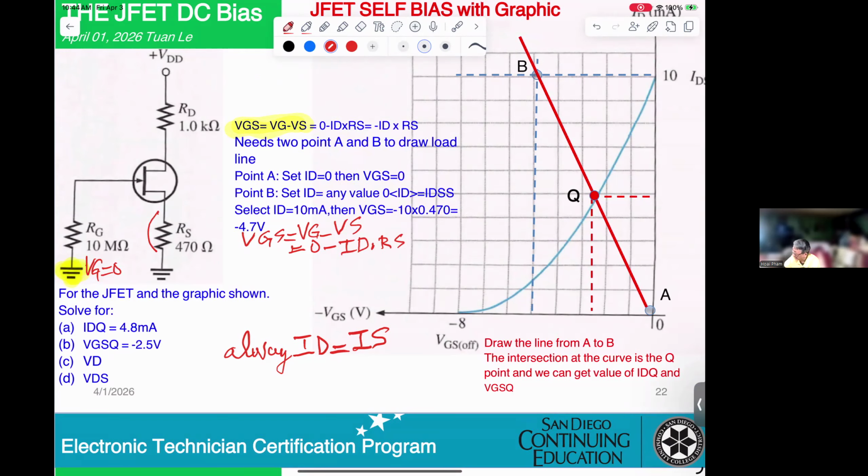Need to find A and B to draw the load line. Okay?